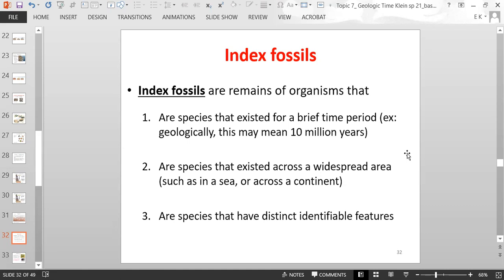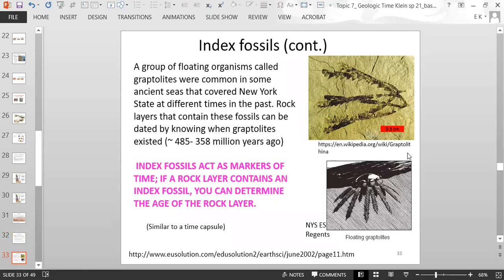Index fossils also have distinct identifiable features. So here is an example. A group of floating organisms called graptolites were common in some ancient seas that covered New York State at different times in the past.